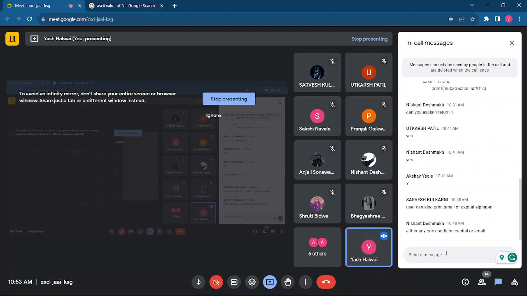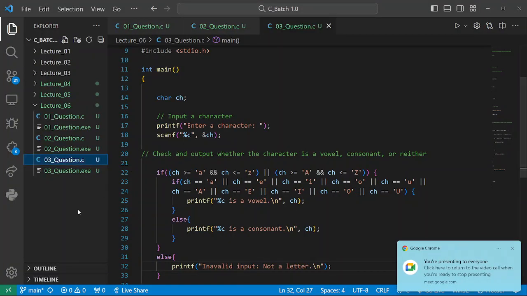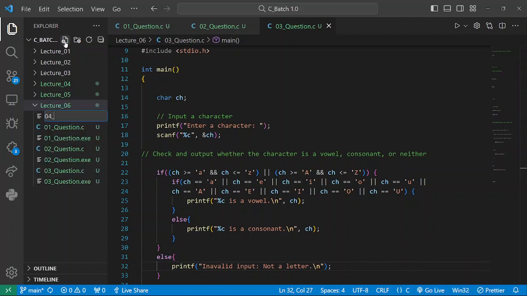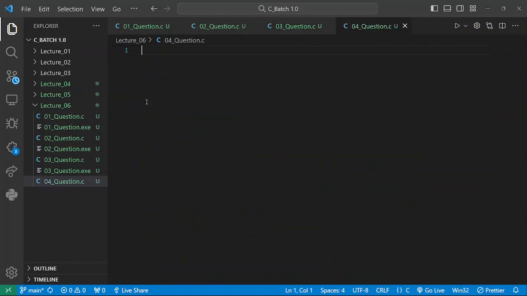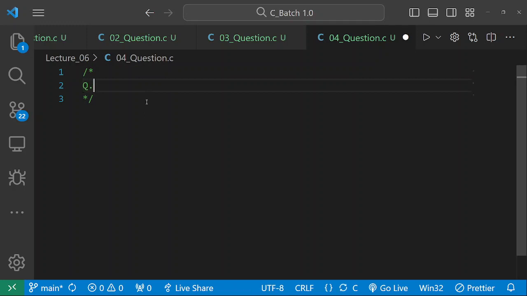So just wait. I'm taking my breakfast also side by side. What about you all? Have you taken your breakfast or not? Yes or no? Okay, good.